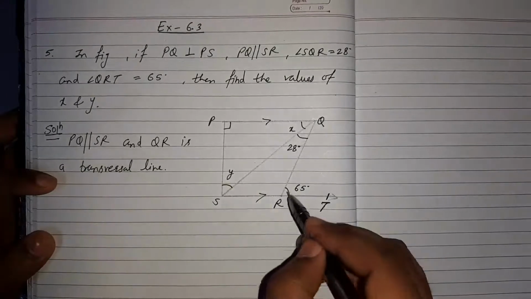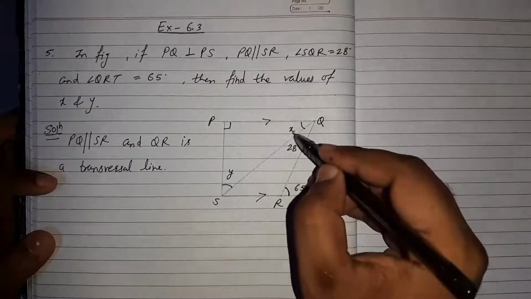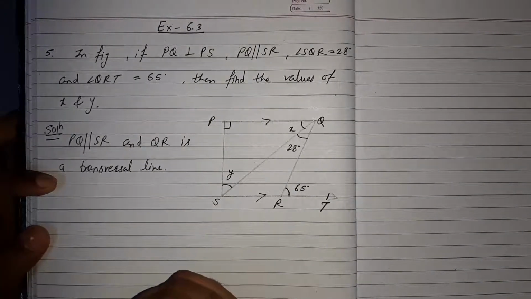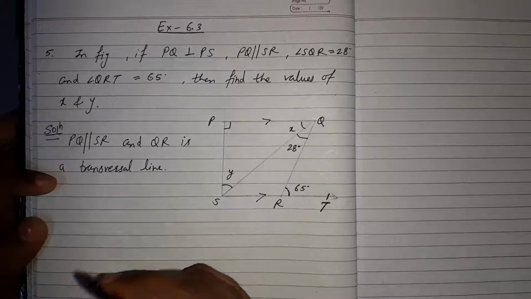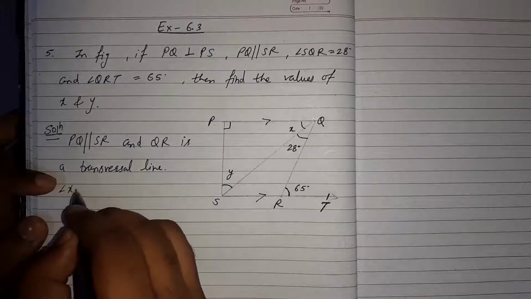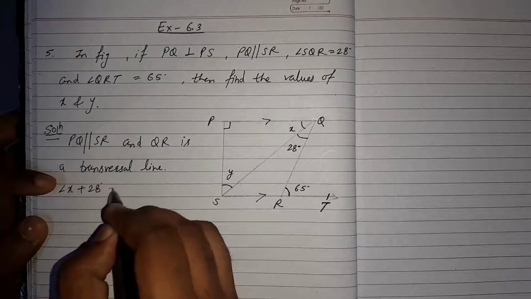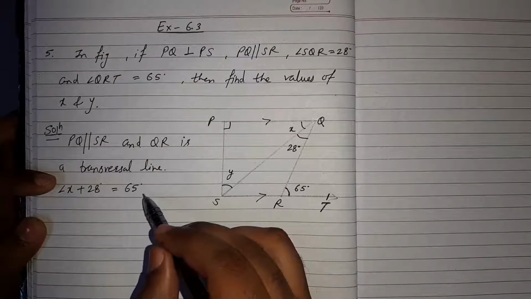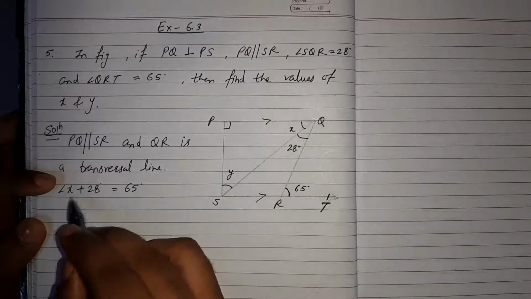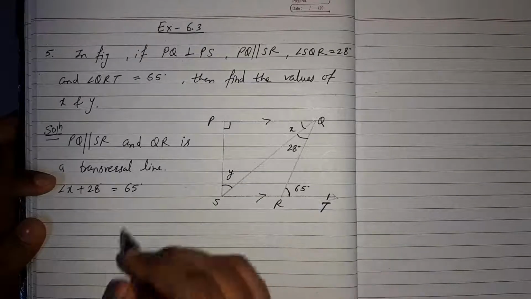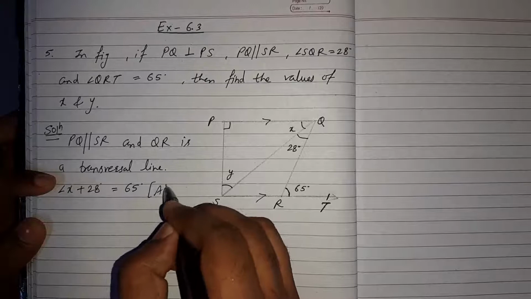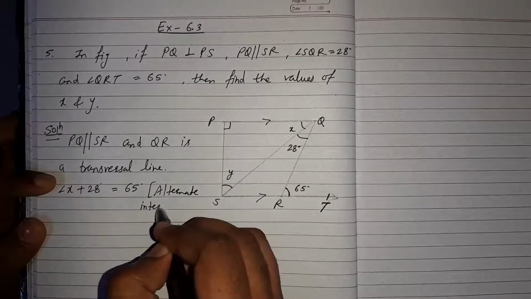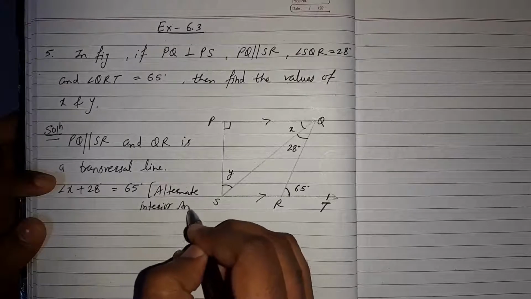So angle 65 and angle x plus 28 will form alternate interior angles. So angle x plus 28 is equal to 65 degrees, alternate interior angles.